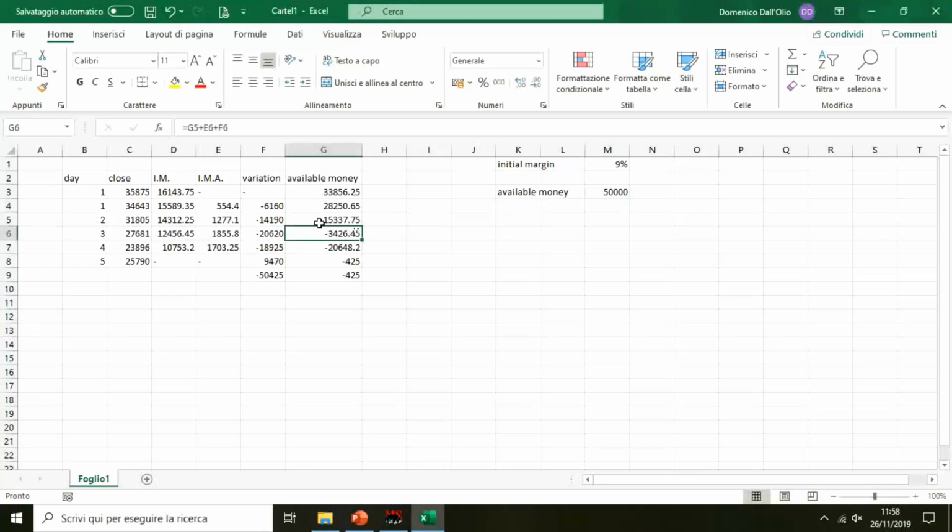So what happens here? What happens here is that as you get close to the end of the day, the bank warns you, you are in the red. You have to integrate your availability in your account, otherwise you have to close your positions.